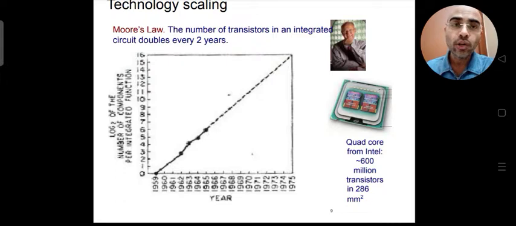And why is this Moore's law important? Because it was predicted somewhere around the year 1960, and since then people have been trying to prove that this law will not hold, because it is very difficult to double the number of transistors in a certain area every 1.5 or 2 years. That feels very difficult, even impossible to achieve.